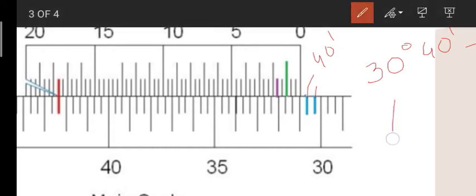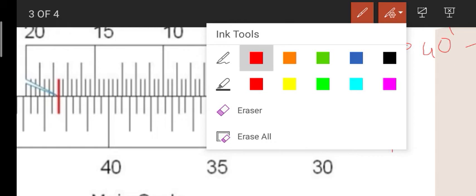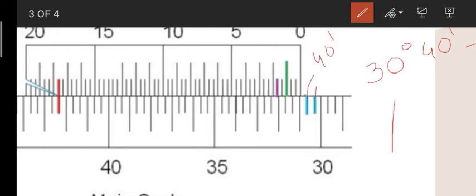If this is a main scale reading, and this is your vernier, it should coincide with each other like this. Which line will coincide? This is not coinciding. This is coinciding, where your black line and the red line touch each other. You have to search for it on the vernier scale and the main scale.